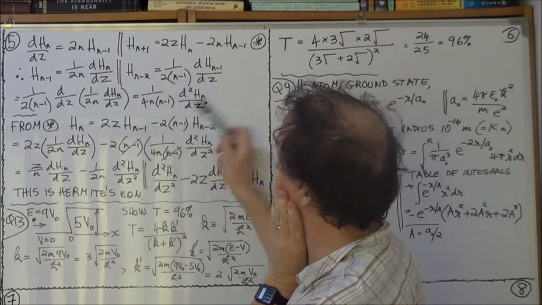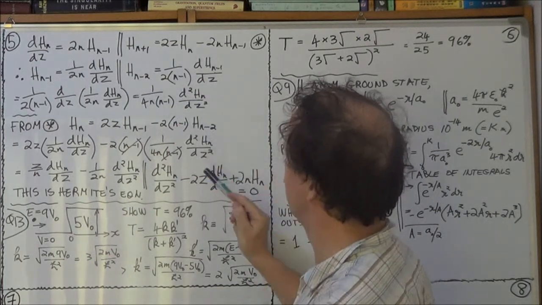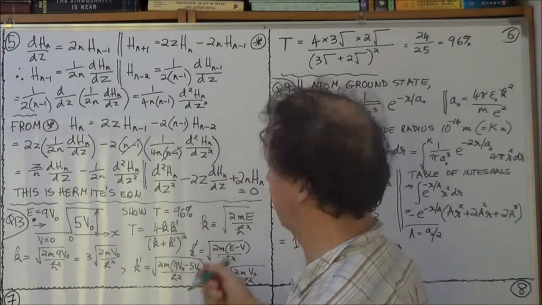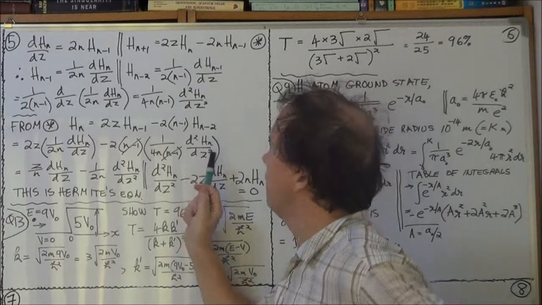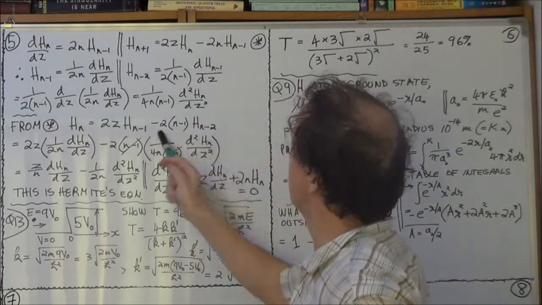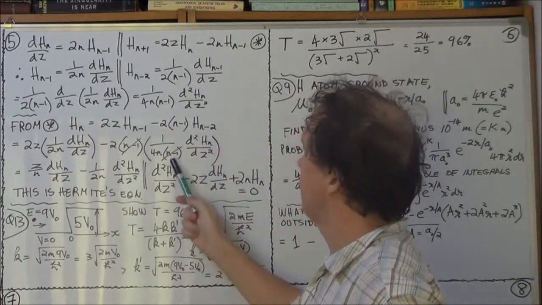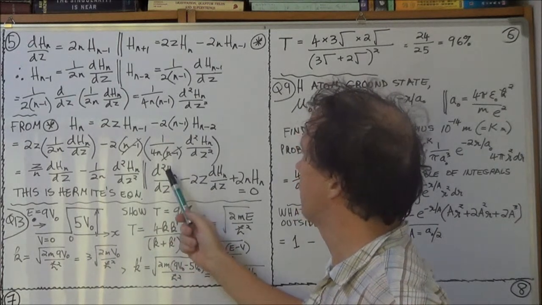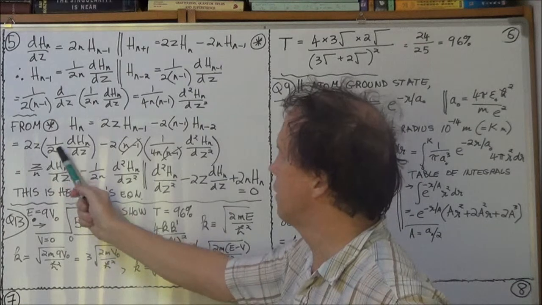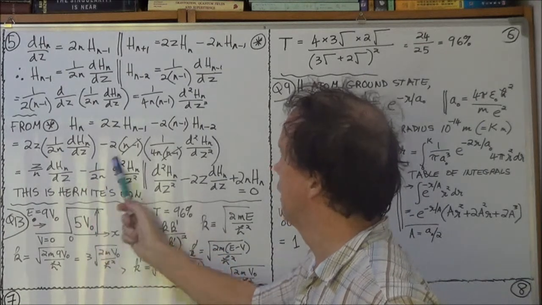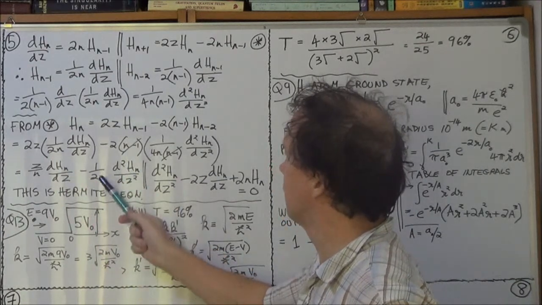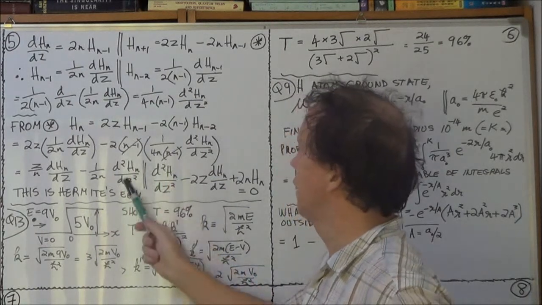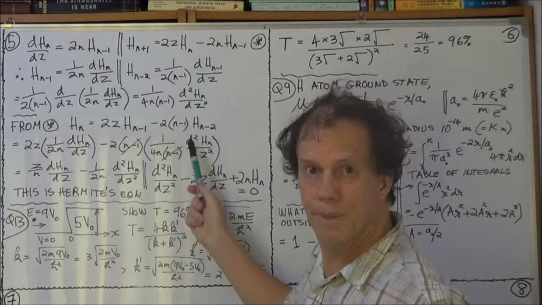So put that expression in for this. Now the (n-1)'s cancel, and you're left with z/n dH_n/dz minus 1/2n, the 2's cancel, and the second differential.